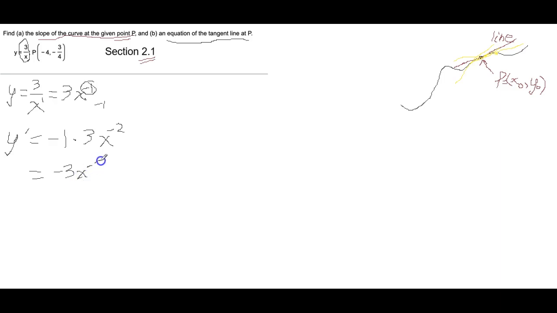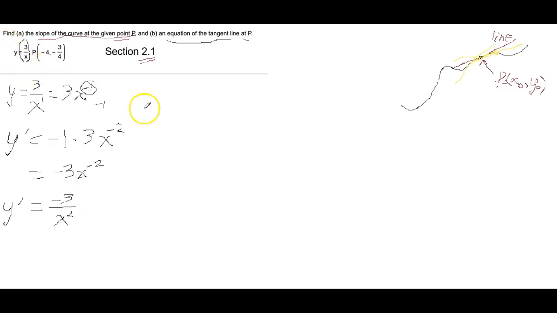And if you want to look at it in a slightly more computable way, we have that the derivative function is negative 3 over x squared. There we go.